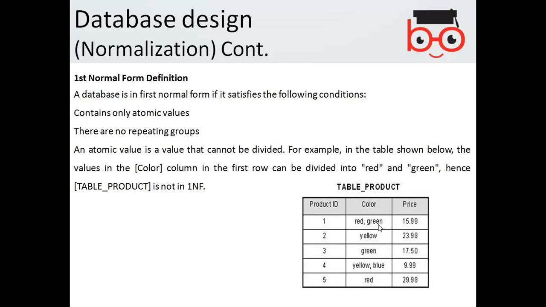So you need to correct it so that the color column can only hold either red or green, but it cannot store two at one time.